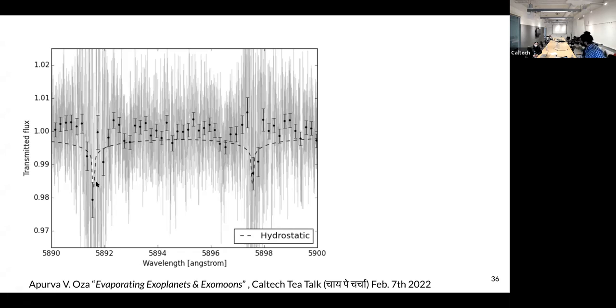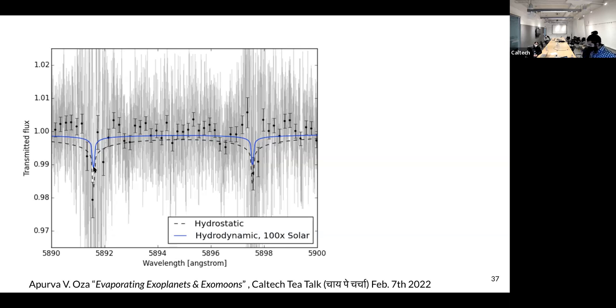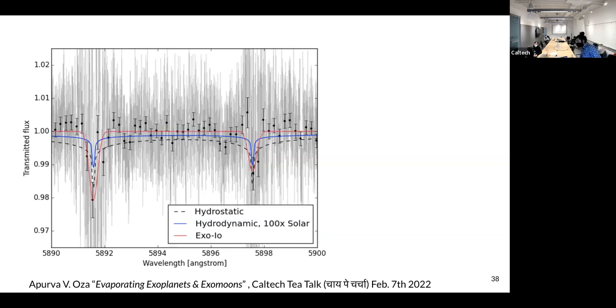You can arbitrarily increase the heat of the atmosphere and get it to work, but we didn't. You can get it to work on the depth, but not the broadening. And then if we use a realistic escaping atmosphere and even pump up the sodium to 100 times the solar abundance, it works a little less. Again, the line is very narrow because the speeds are not as high, although winds can be used.